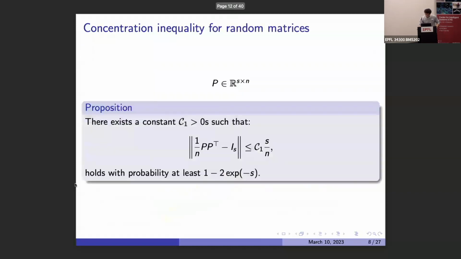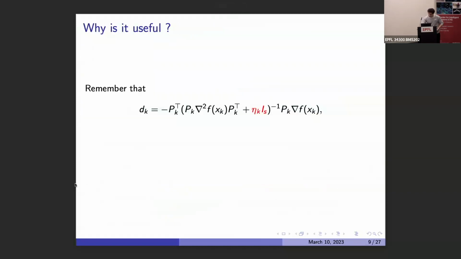It's useful because, since the matrix P is random, you could have a gradient of F that is non-zero but belongs to the kernel of P. But because of this lemma, we know that with very high probability, the descent direction is zero if and only if the gradient is zero. So this is why it's useful.